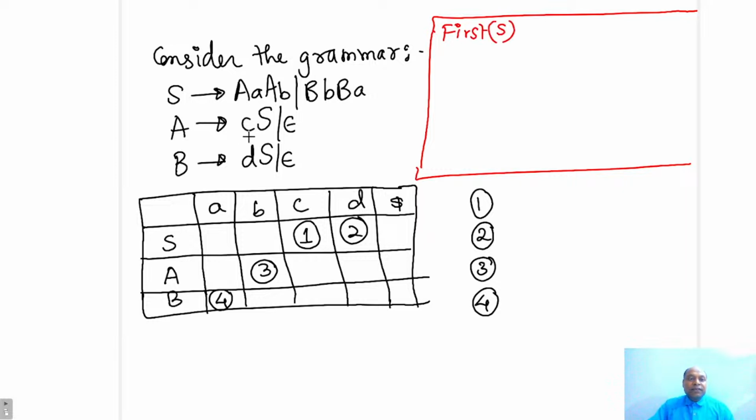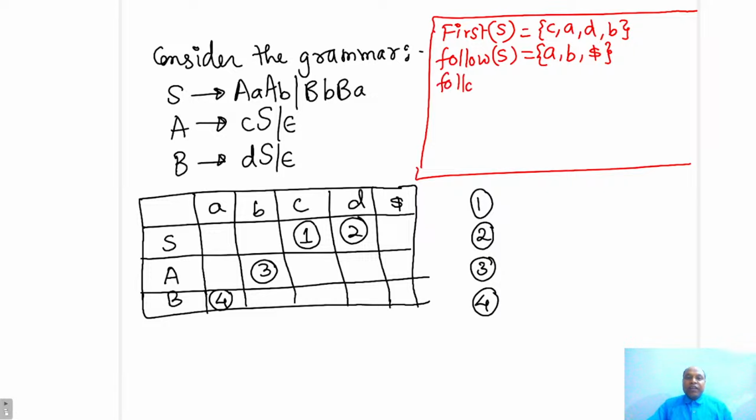First of S is C, that is, A is non-terminal, so we'll have C, then again A, then B is non-terminal, B, then B. This is first of S. Now follow of S. Whatever be the follow of A, that will be follow of S. So capital A, small b, then as S is our start symbol, the follow is dollar.